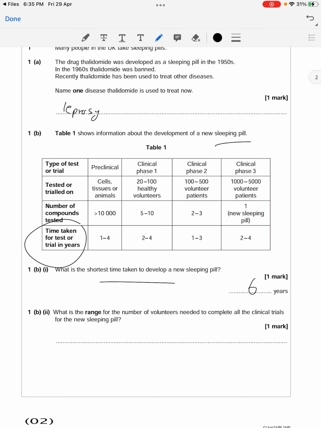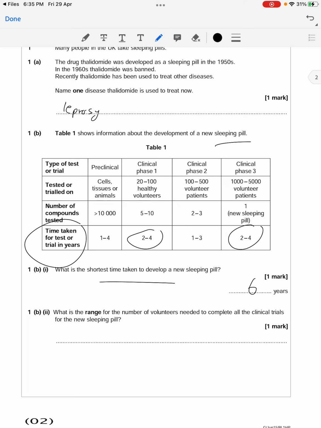So 6 plus 4 plus 2 is 6. The time taken for trial in years is 2 to 4. That is technically 6. So you can see a comparison there.